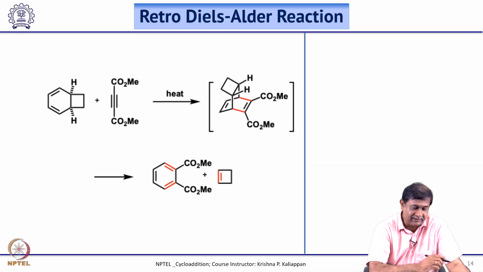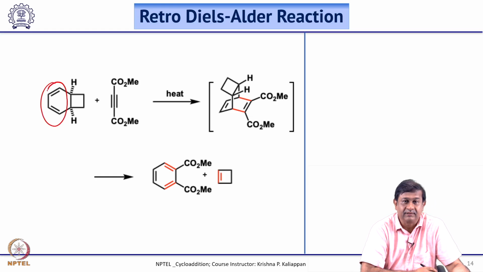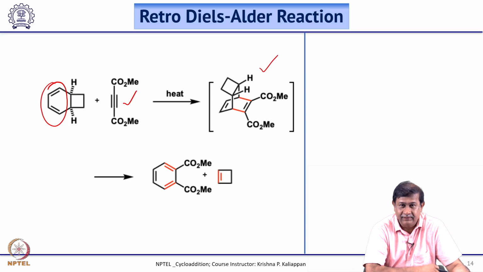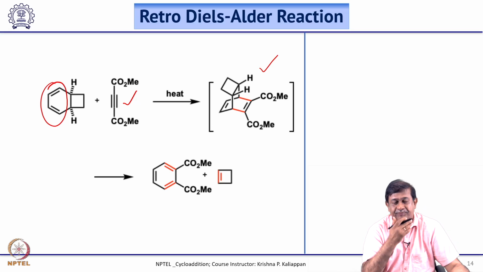So, where you can see the diene undergoes Diels-Alder reaction with dimethyl acetylene dicarboxylate to get this tricyclic compound. So, now again when you heat it further, as I said, the driving force for the retro Diels-Alder reaction to happen is the formation of an aromatic ring.